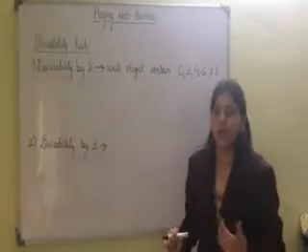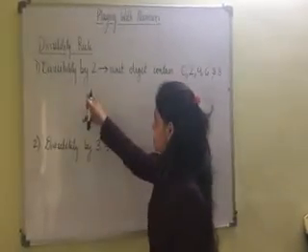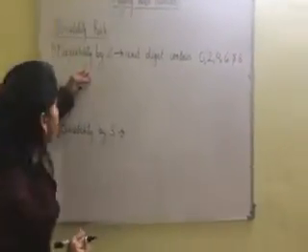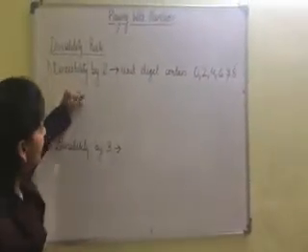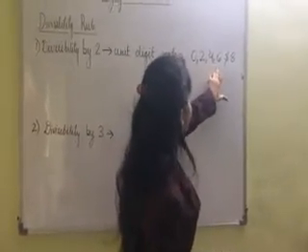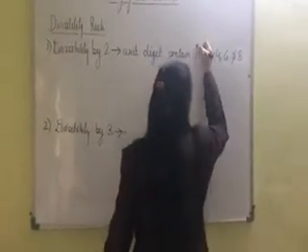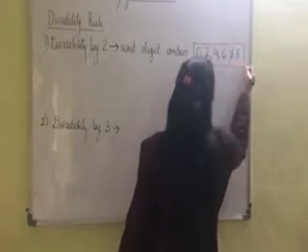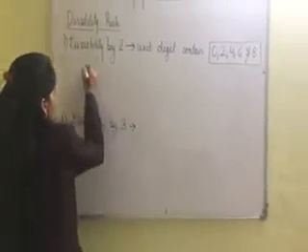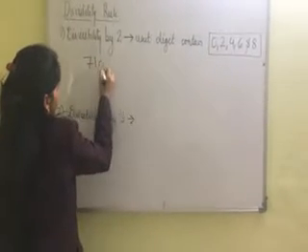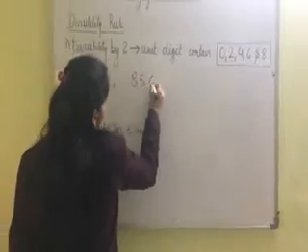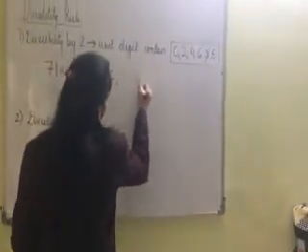How will we check the divisibility by 2? A number is divisible by 2 only if the unit digit contains 0, 2, 4, 6 or 8. Only these digits are there in the unit place, then the number is divisible by 2. Take the example: 710, 8564, 89.